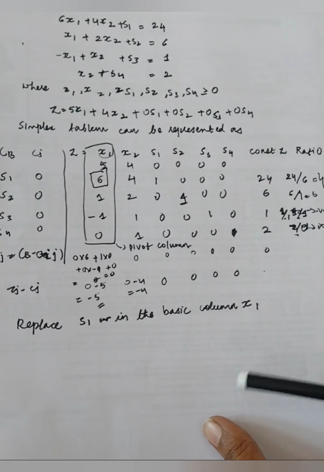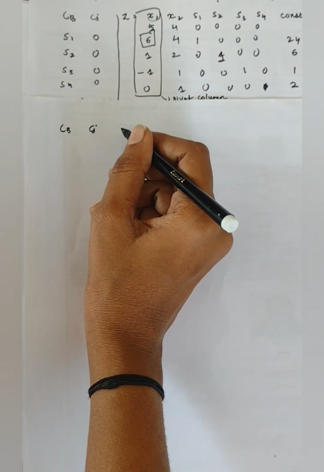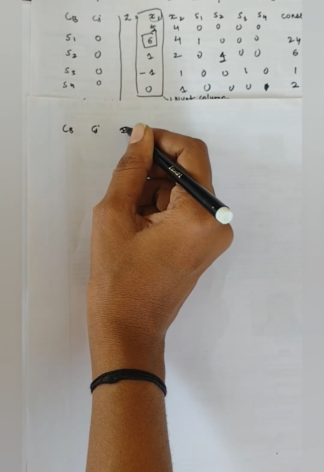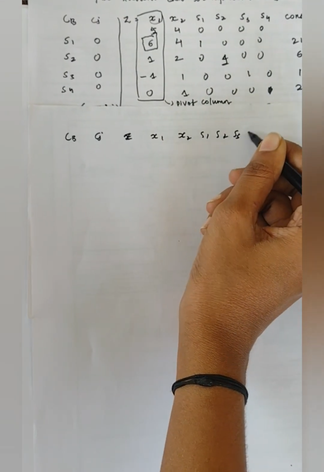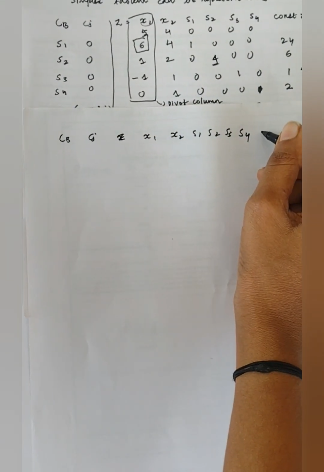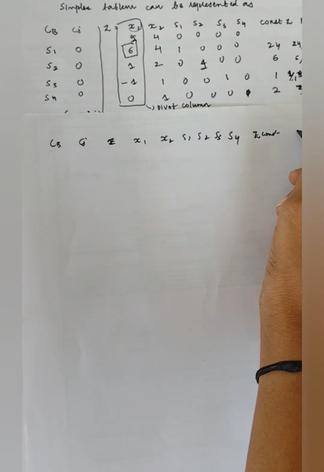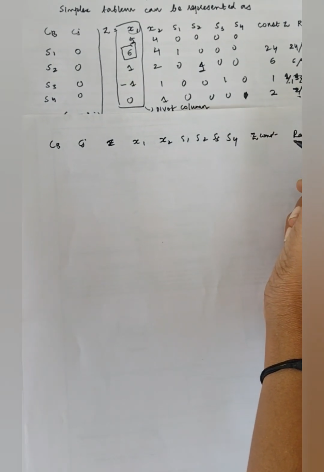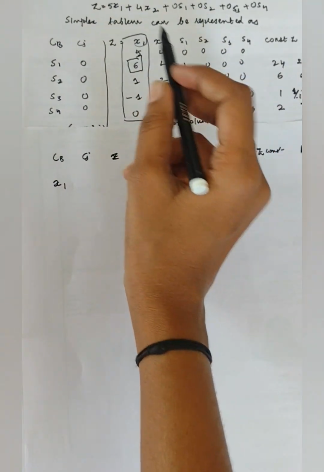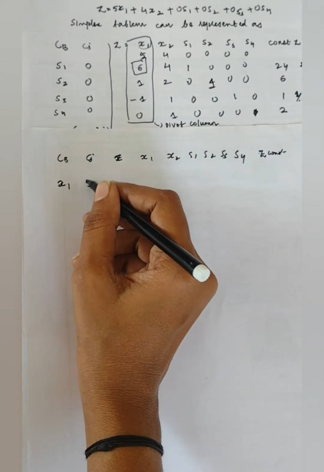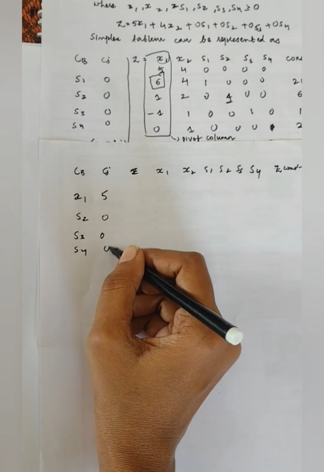Now the same table: Cb, Cj, z equal to x1, x2, s1, s2, s3, s4, constant and ratios. S1 is replaced by x1, and its Cb is 5. Same as usual for s2, s3, s4 with 0, 0, 0.